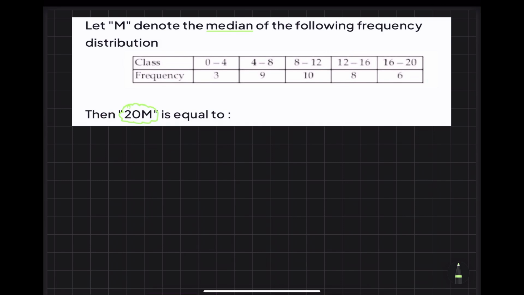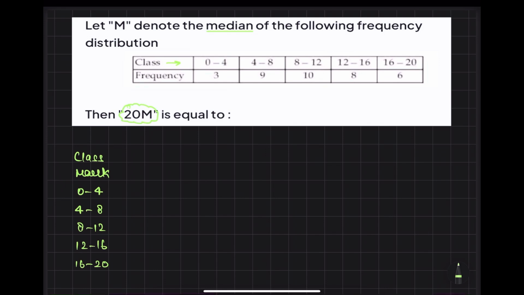Look at this. First, we will try to draw this frequency distribution table. So this class can be written as class mark. Okay. So it is 0 to 4, then 4 to 8, 8 to 12, 12 to 16, 16 to 20.